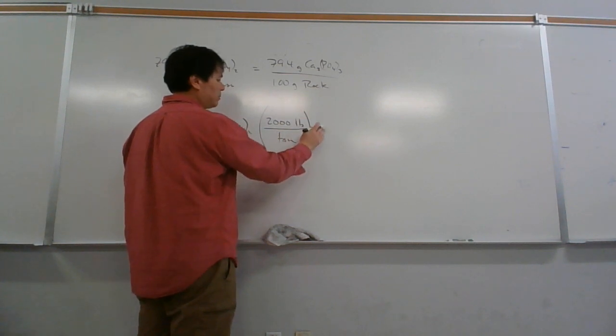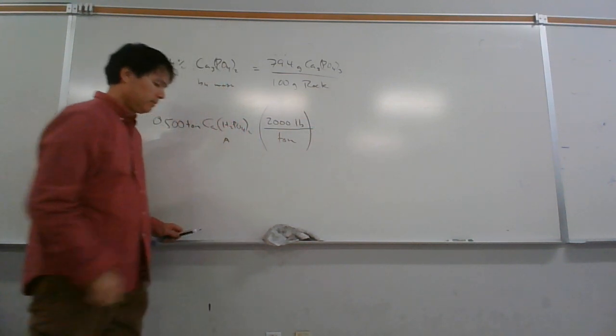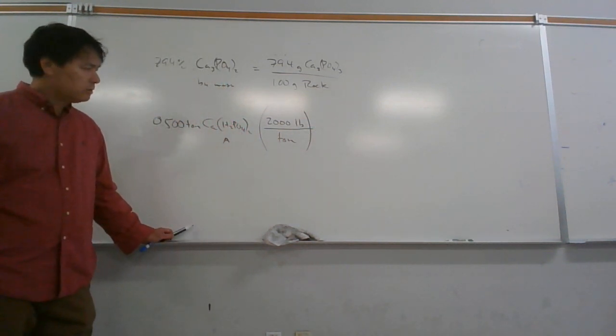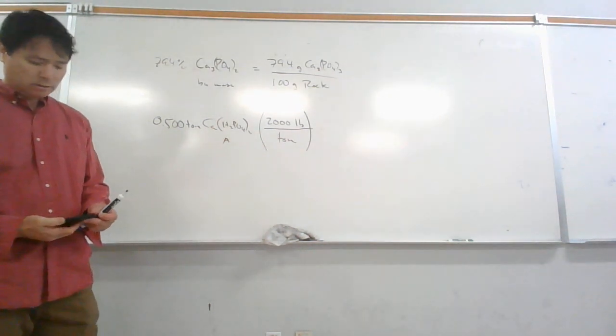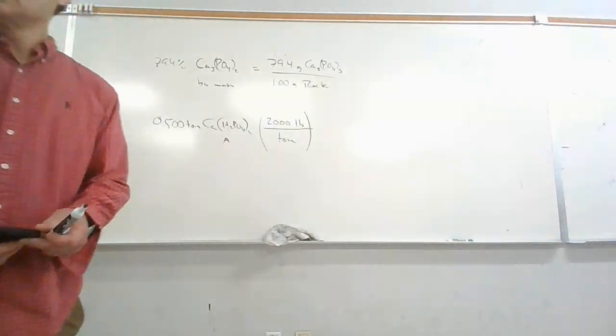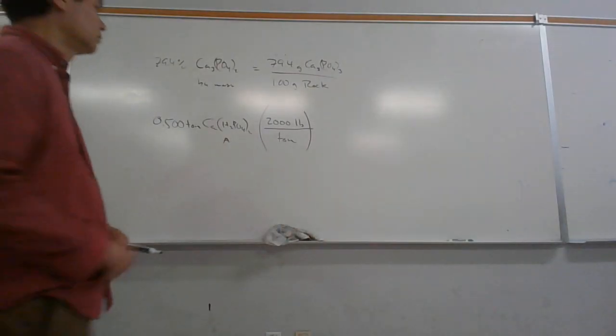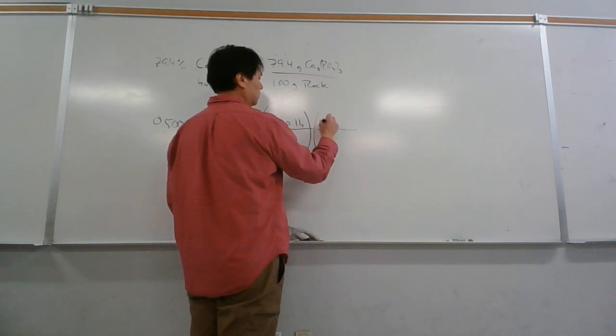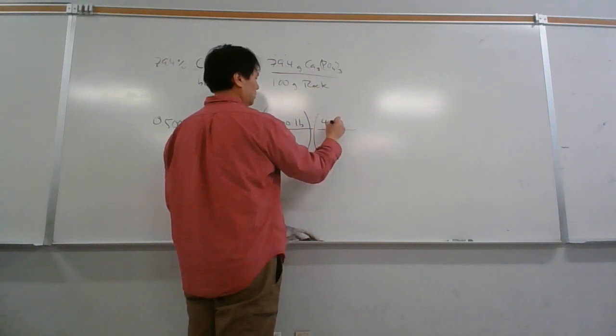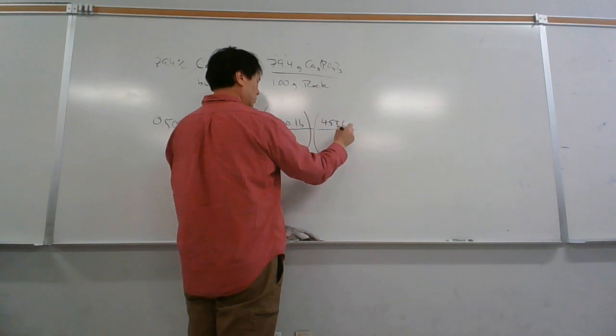You don't have to have that memorized. Do you know how many grams are in a pound? 453.59.